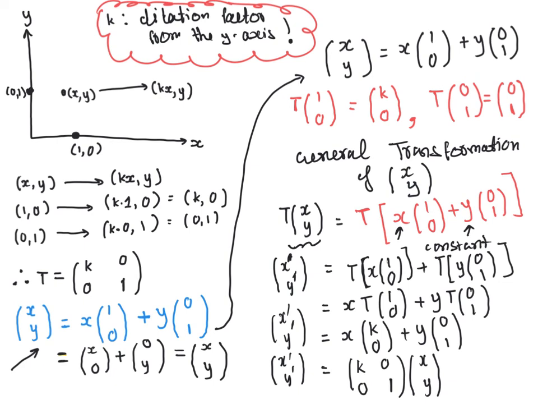We can write this as T, that's T, and that is x, and we call this x dash. So I'll put a box around it and write in green: x dash equals T times x.